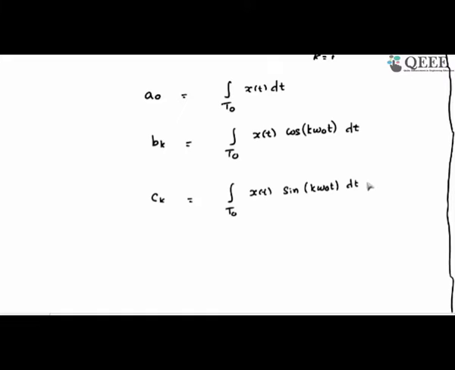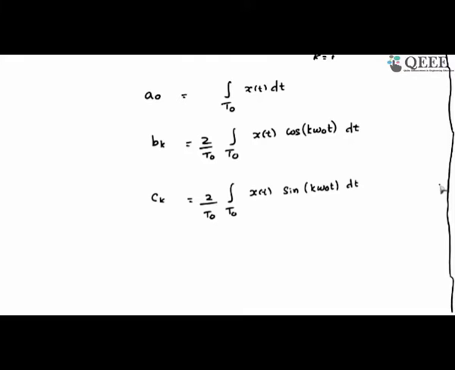Of course, I have to do some normalization: 2 by t naught multiplies this integral. So bk is 2 by t naught times the integral over duration t naught of x of t cos k omega naught t, and ck is 2 by t naught multiplied with the integral over duration t naught of x of t sin k omega naught t dt.